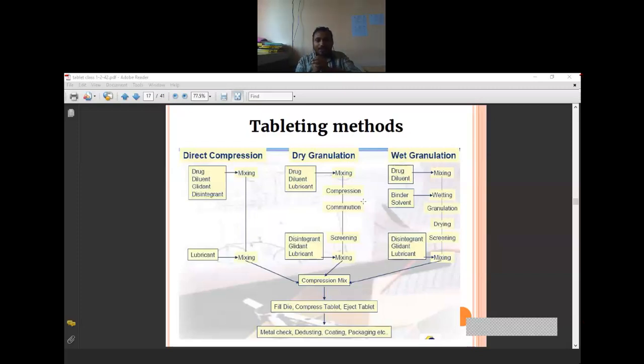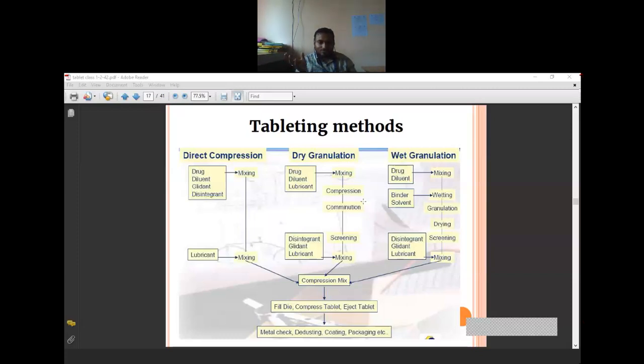After proper mixing, the next step is adding the lubricants into the granules. Do you know the name of this process, adding of lubricant in granules?